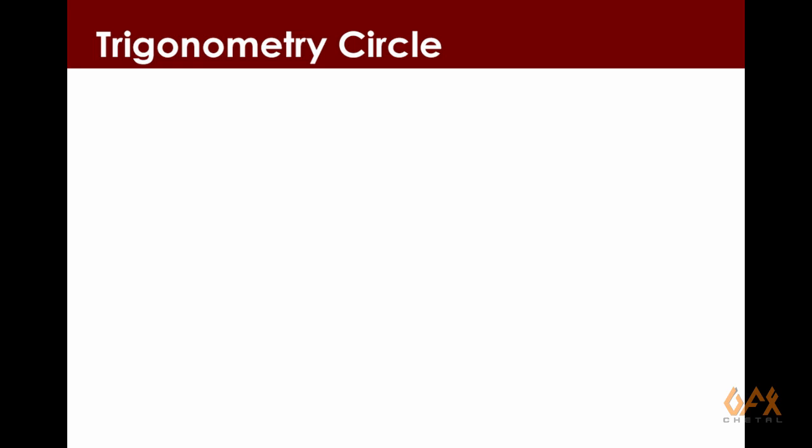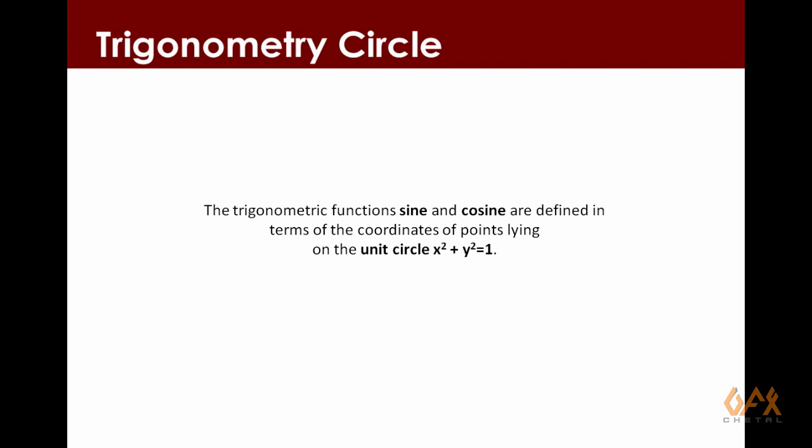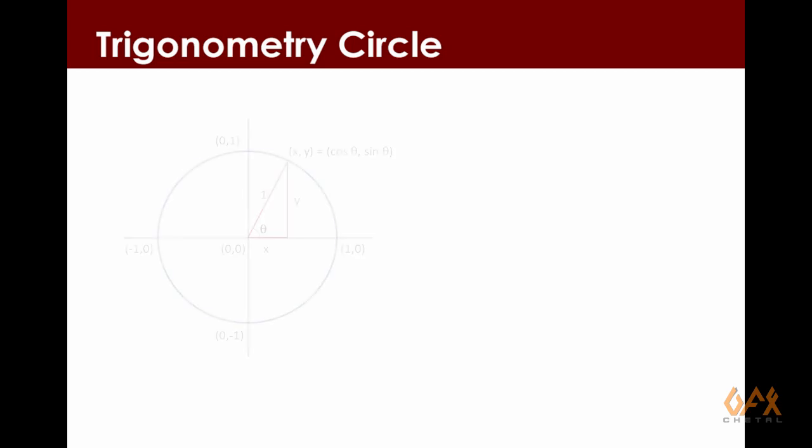Now the trigonometry circle is a very important portion of trigonometry. The trigonometric functions sine and cosine are defined in terms of the coordinates of a point lying on the unit circle, x squared plus y squared is equal to 1 squared.